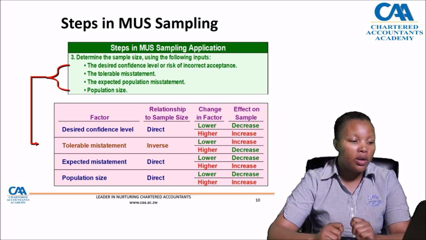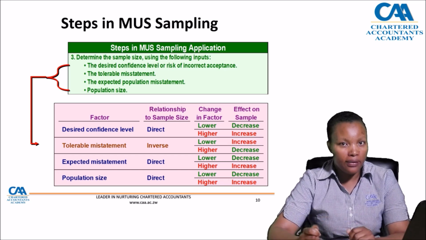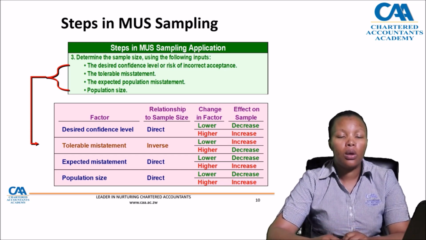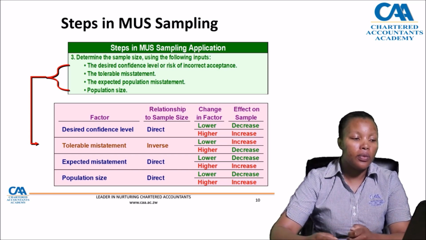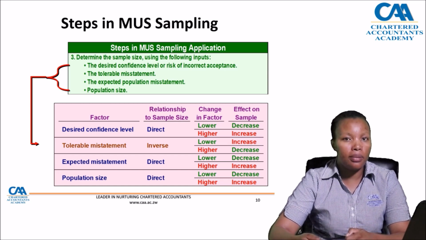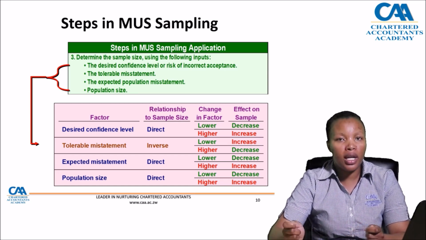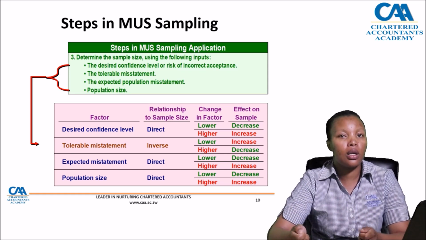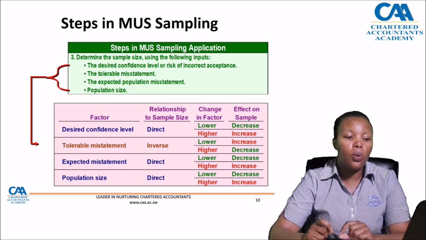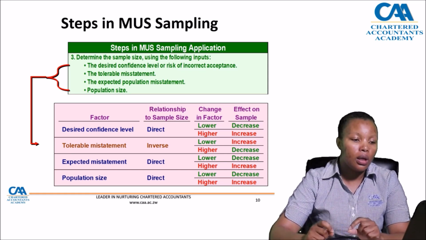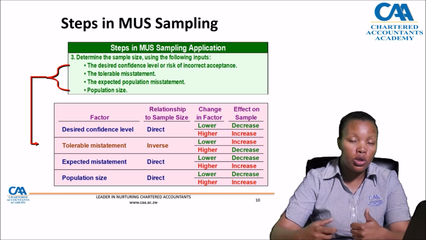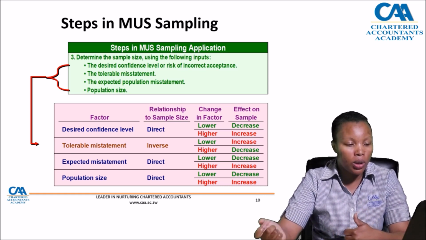With regards to tolerable misstatement, there's an inverse relationship. Where you want a lower tolerable misstatement, your sample size will need to increase.